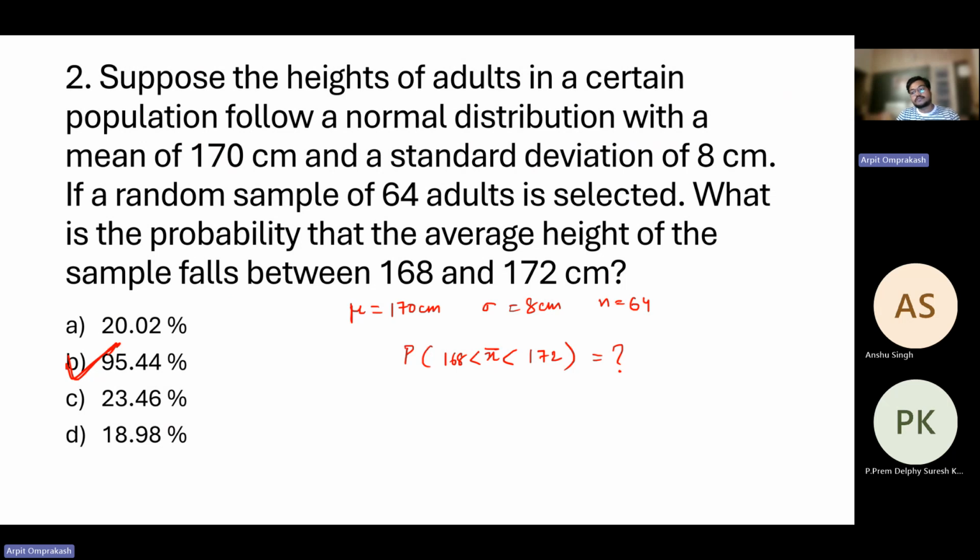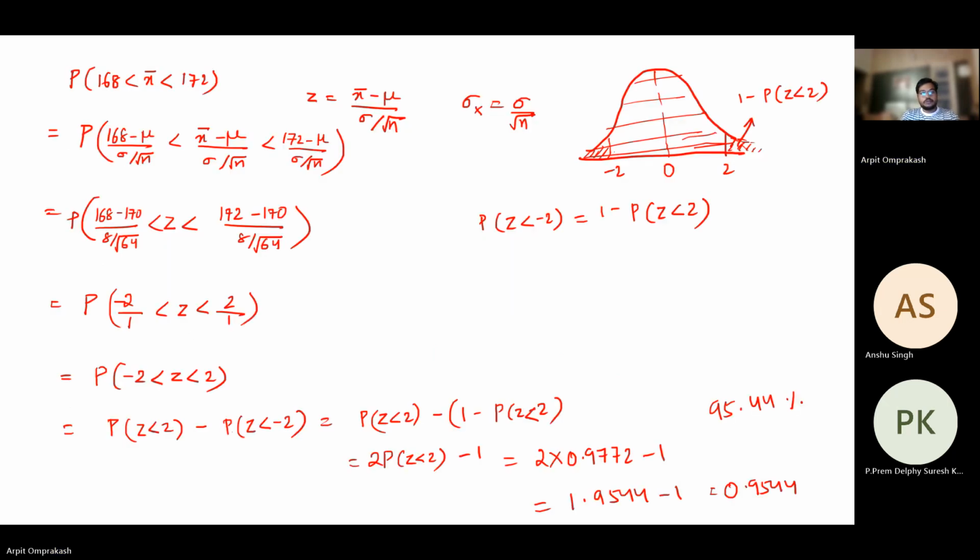If you just remember a few of those values, it will be faster for you to solve these questions. Otherwise, you will probably get a table during the exams, which you can look up. So what we did here was we transformed the variable into a z-score and then looked up the value in the table and arrived at this answer.